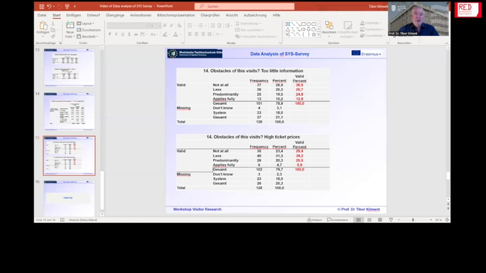So this corresponds with the findings earlier that the media campaign did not reach very many people and was not so successful as it should be. So here again, it is reflected the need of the visitors to have more information. Also, high ticket price.